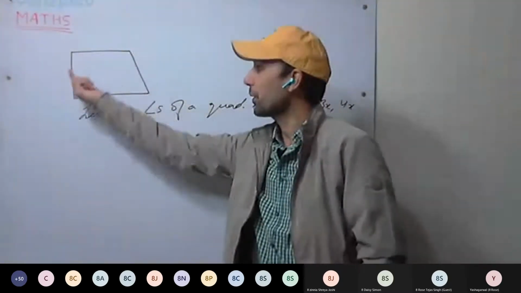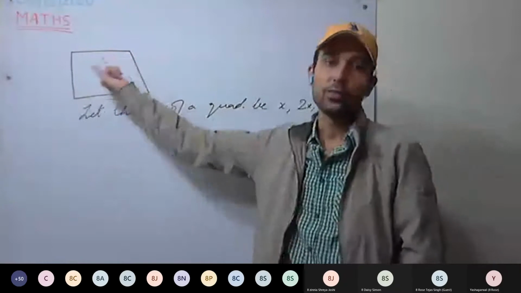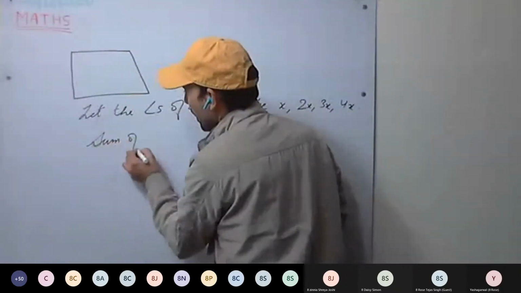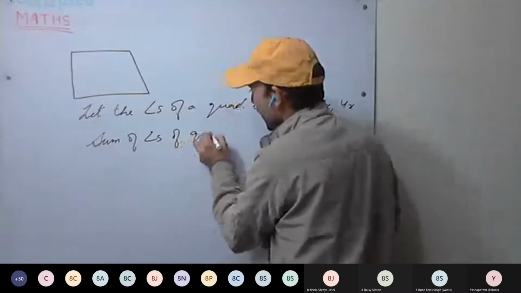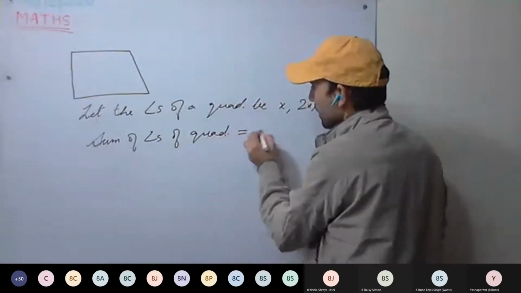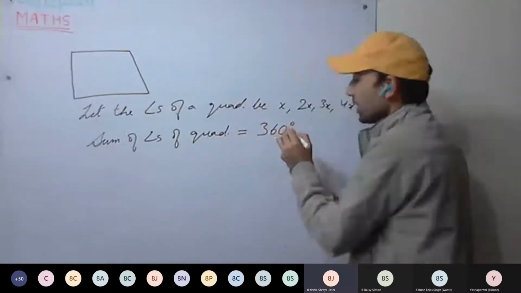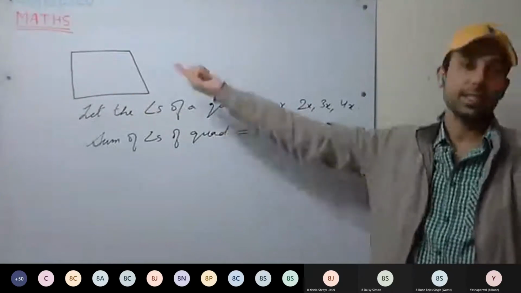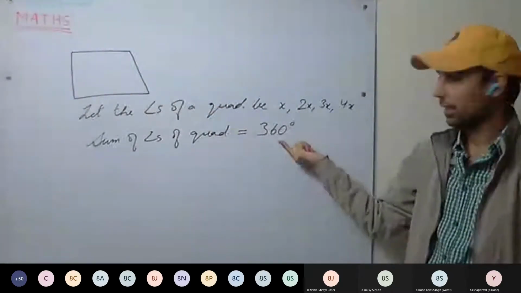And we know the property. Which property will we use? The sum of the interior angles of a quadrilateral is 360 degrees. This is the property of a quadrilateral: the sum of the interior angles is always 360 degrees.